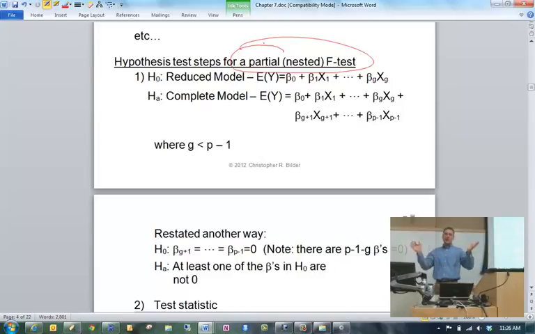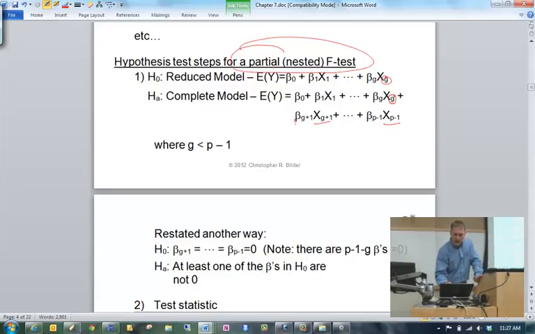So just to be general here, let's say I have the following reduced model in my H0. I have a model that includes up to g different variables. My complete model includes everything that we see in the reduced model plus some additional terms, all the way up to perhaps p minus 1 different predictor variables.